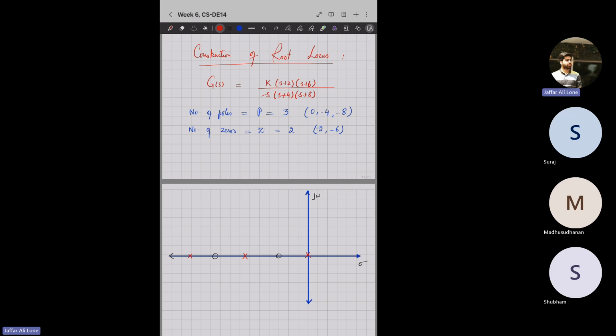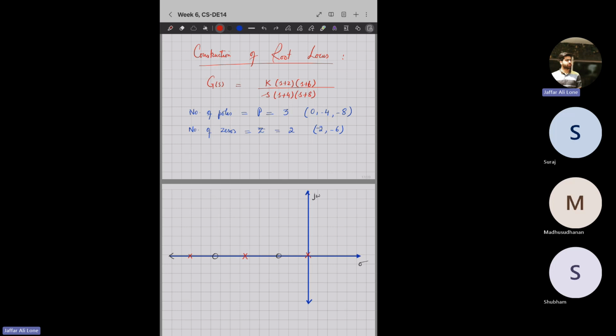For example, to see whether this region lies on the root locus or not, we have to consider all the poles and zeros to the right of this point and see whether the sum is odd. If it is odd, then this is a valid part of the root locus.